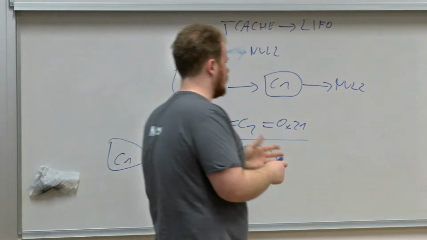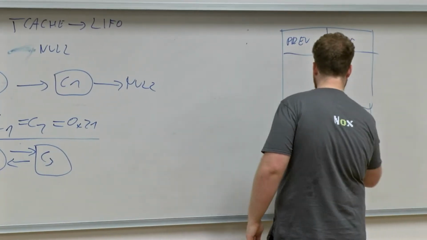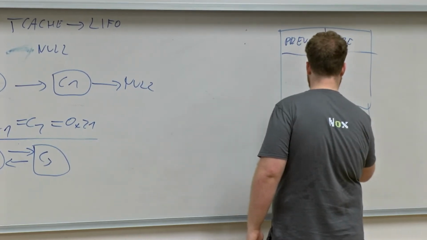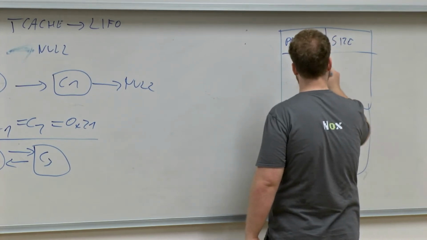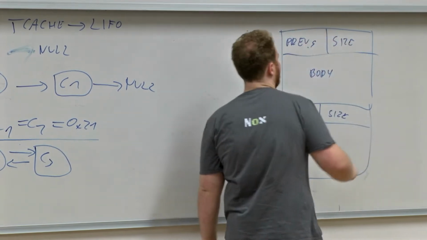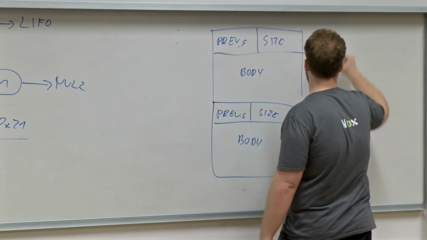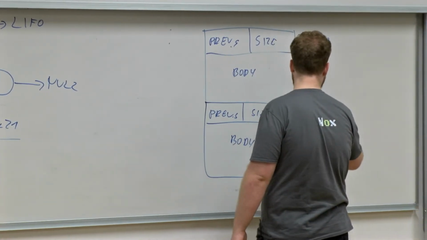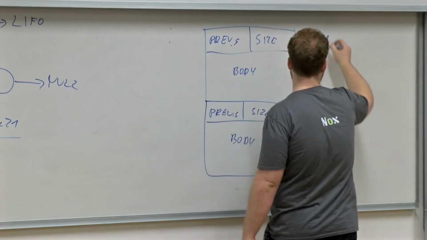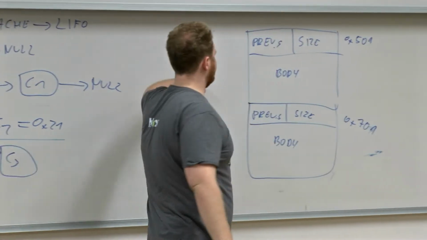So if you have two chunks that are on the heap, one right under the other, and let's say that this one is hex 500 and this one is hex 700 in size. So they will be like this. Okay, let's say we have these two chunks.